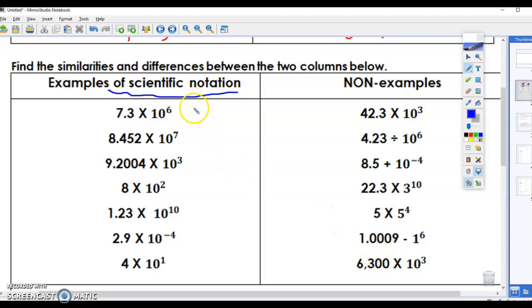There's something that all of these have that all of these don't have. And there's 3 big important ones. I'm going to give you some time to see if you can come up with these 3 big differences that all of these have, but all of those don't have that same thing. Go ahead and pause the video and see if you can come up with those on your own.